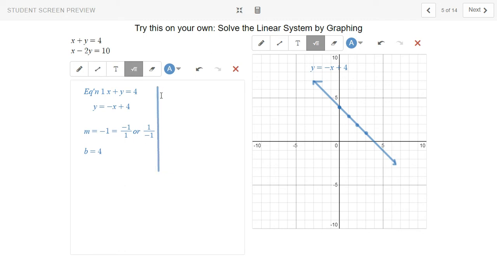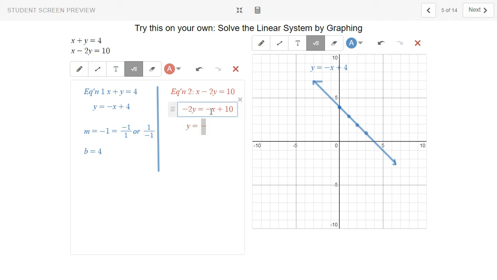Second equation, equation 2. x minus 2y is equal to 10. Let's rearrange this. Negative 2y equals negative x plus 10. I'm going to divide everything by negative 2 now.